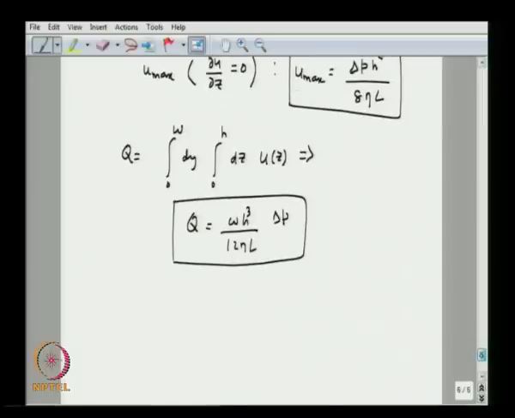So, this way we would be able to find out the flow rate between two infinitely long parallel plates under the assumption that the width is large compared to the height.